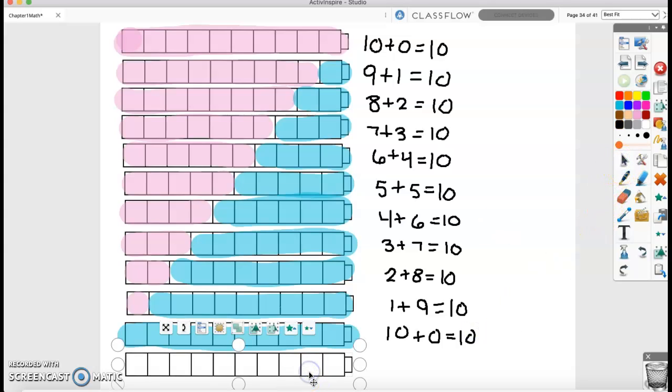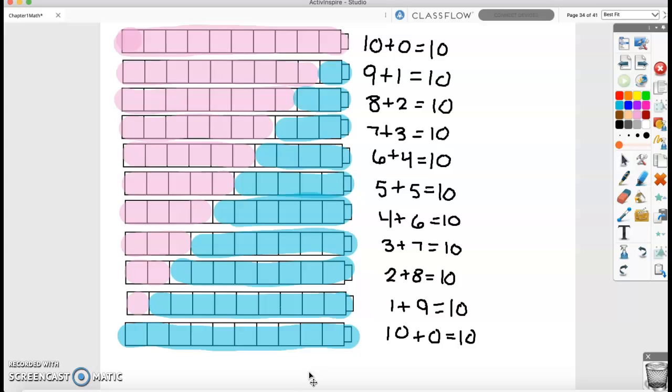And today we don't need that one because we have made all of the ways to make 10. So if you notice, there is a pattern when I go down and I look at my numbers. 10, 9, 8, 7, 6. I'm counting down. And once again, I did the wrong one.